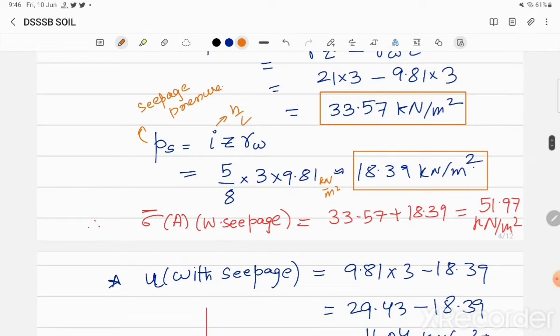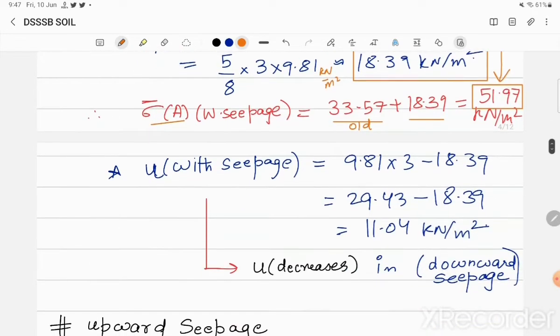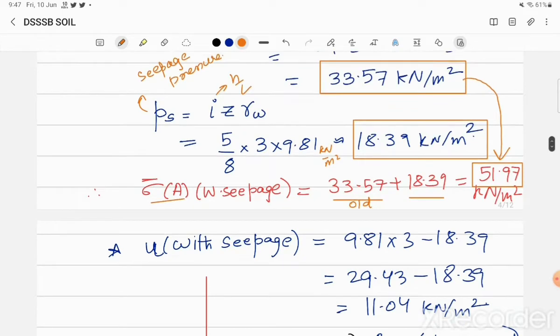Now with seepage, the new effective stress at A would be the older effective stress at A along with the new seepage pressure. Hence the net effective stress with downward seepage increases. Its value has increased from 33.57 without seepage to 51.97 kilonewton per meter square with seepage. Hence downward seepage increases the effective stress of soil.